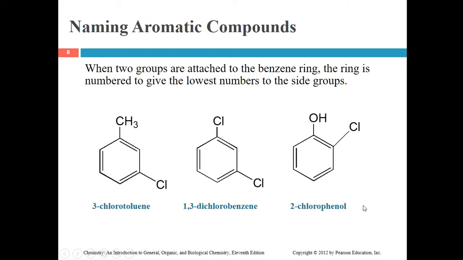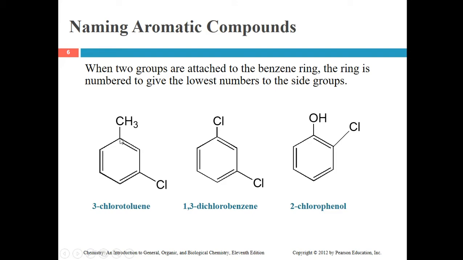Now let's see what happens when we have more than one item attached to our benzene ring, and how we're going to go about naming that. When 2 groups are attached to the benzene ring, the ring is numbered to give the lowest number to the side group. So this group right here, benzene ring with the CH3, is considered toluene.